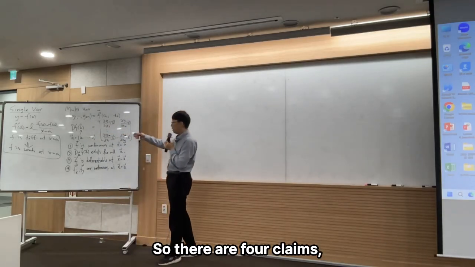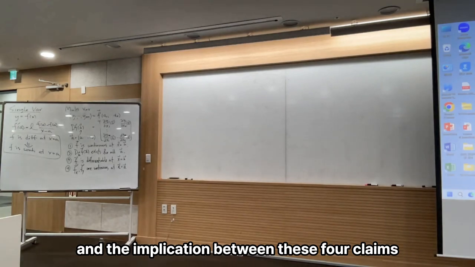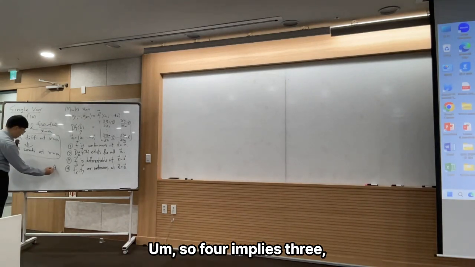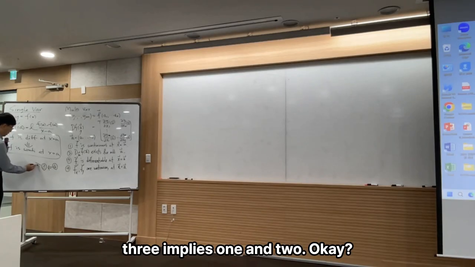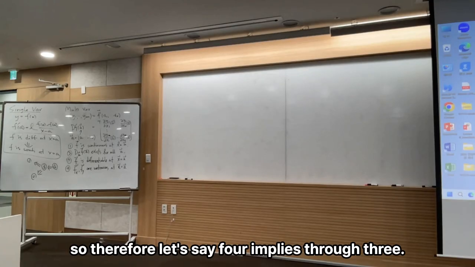So there are four claims, and the implications between these four claims are the following. So 4 implies 3. 3 implies 1 and 2. Okay? That's the only statement you can make. So therefore, let's say 4 implies 3.